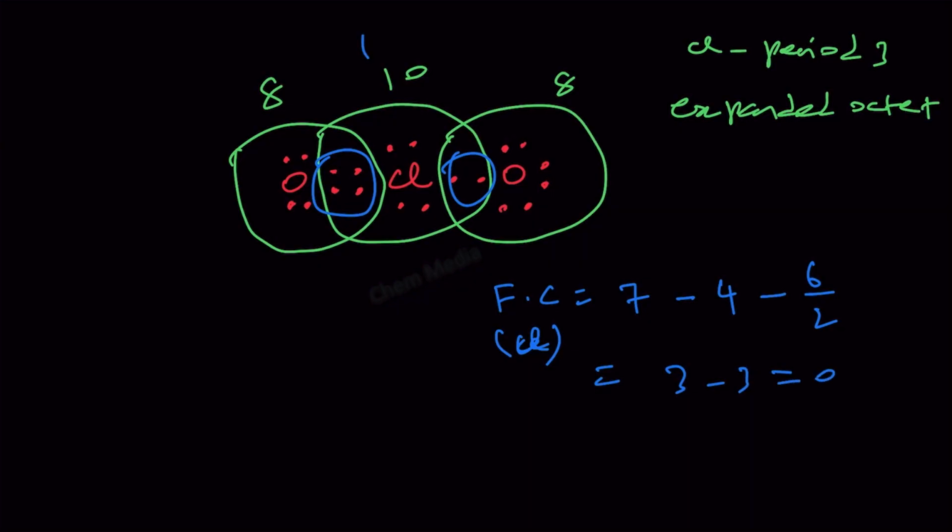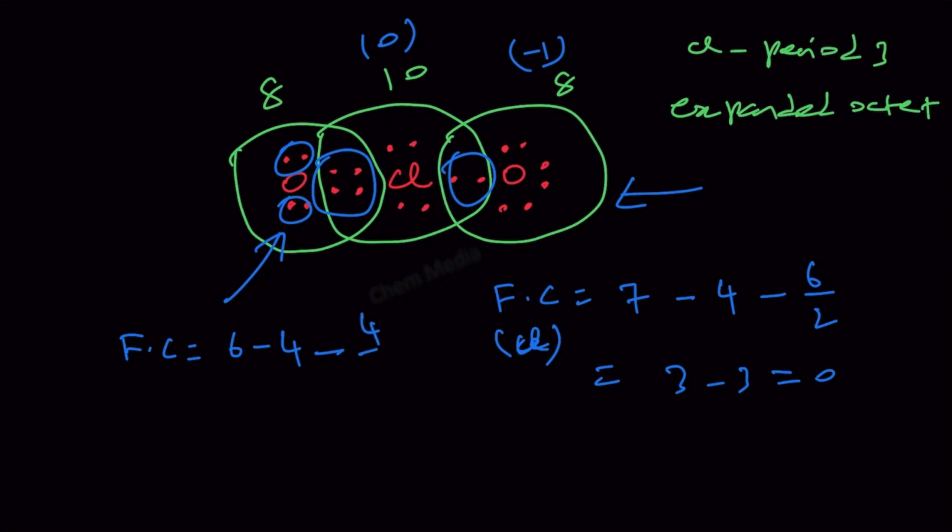Now we are getting the formal charge as 0 for chlorine, and then for this oxygen we would get it as minus 1, but for this oxygen if we calculate the formal charge, then it would be 6 minus we have 2 lone pairs only now, this one and this one, and therefore 4, minus we have 2 bonds, therefore 4 by 2.